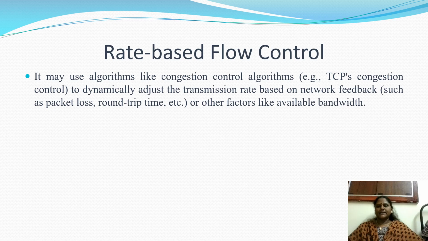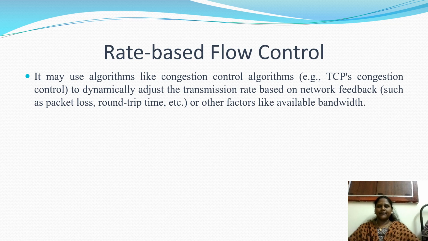Based on factors like available bandwidth and other things, the sender fixes how many packets can be transmitted to the receiver. So this is about the rate-based flow control technique.